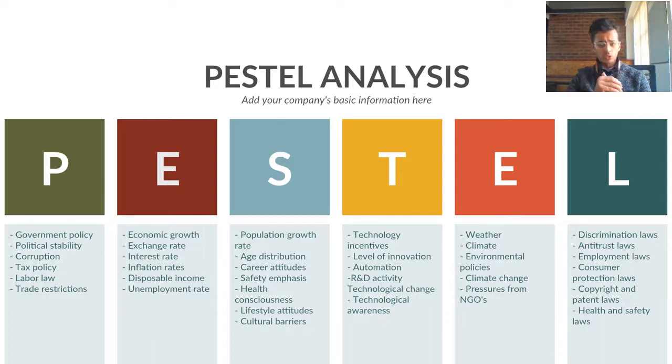So climate change and pressure from a lot of non-profit organizations also play a factor in this, where they tend to make sure that the company's products or the company's methodologies are as eco-friendly as possible. And weather and climate also have a huge factor, and an organization does not have any control on them.